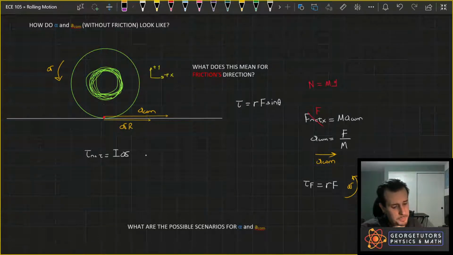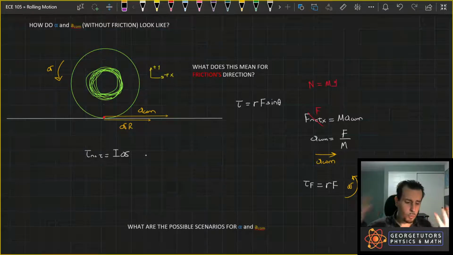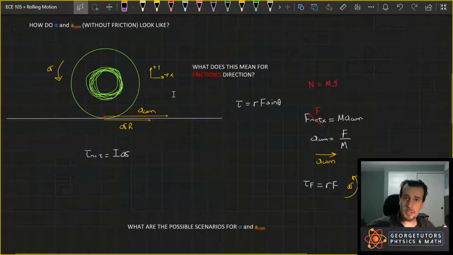Now, I have this, and one of the choices for friction was that it will go to the right, correct?